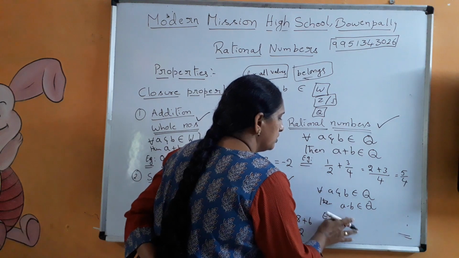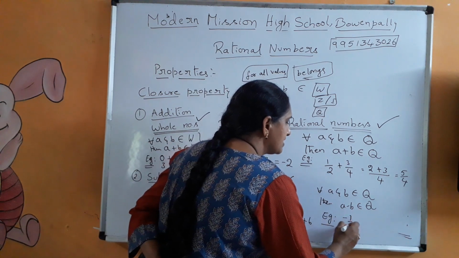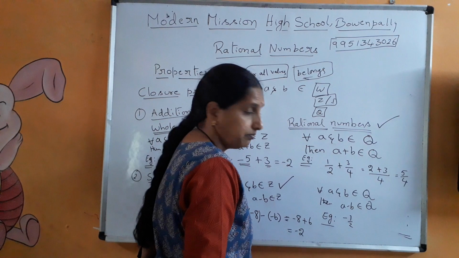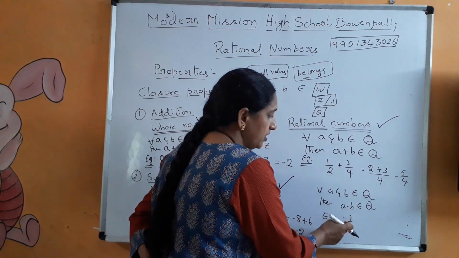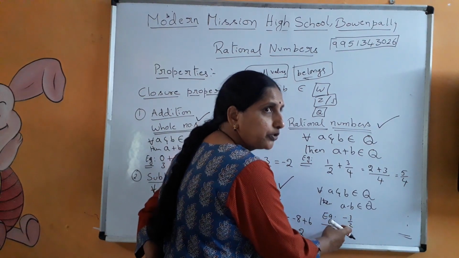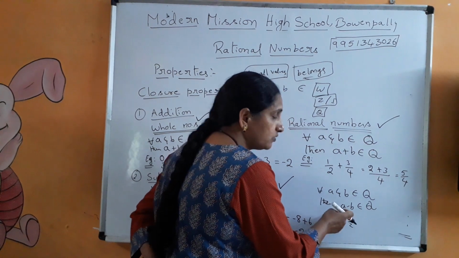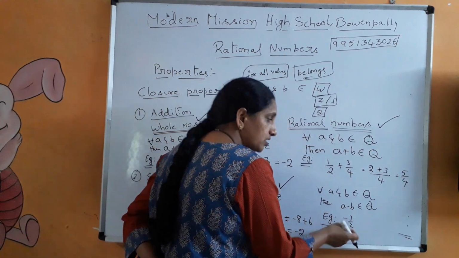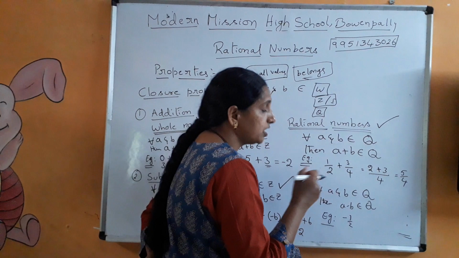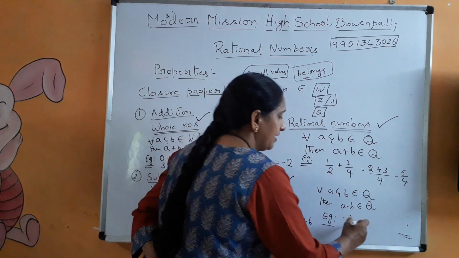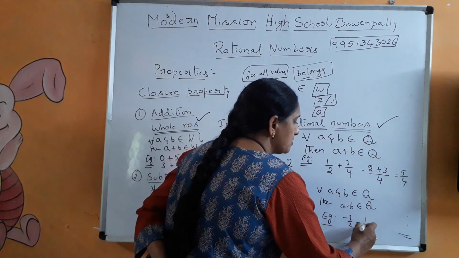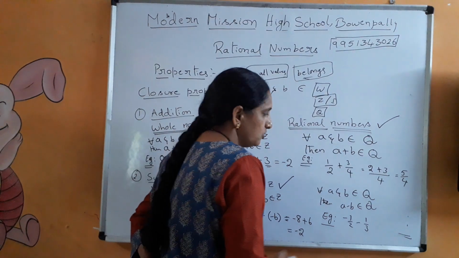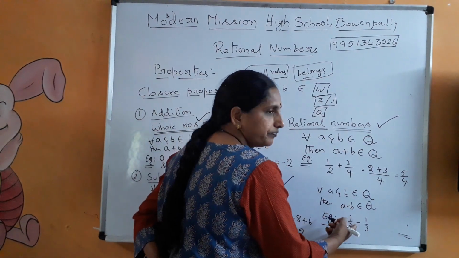So let me take minus 1 by 2 as A. Because see, minus 1 is P, 2 is Q. Q is not equal to 0, minus 1 is an integer, 2 is an integer, therefore minus 1 by 2 is a rational number, right? And the other one I will take as plus 1 by 3. So minus operator.